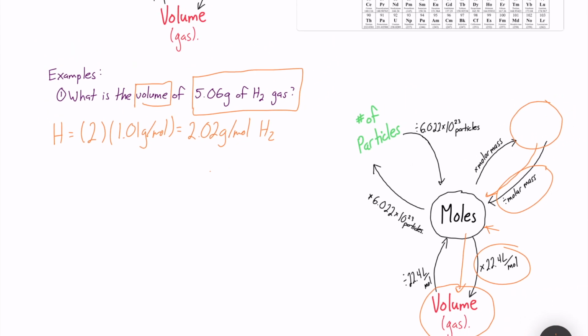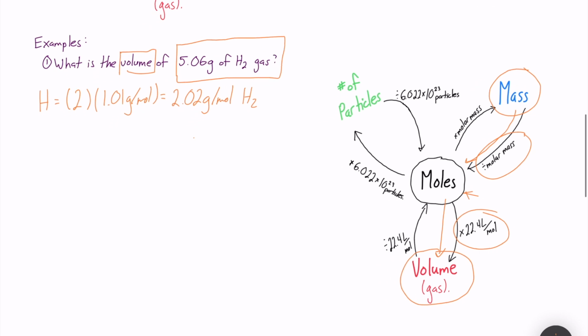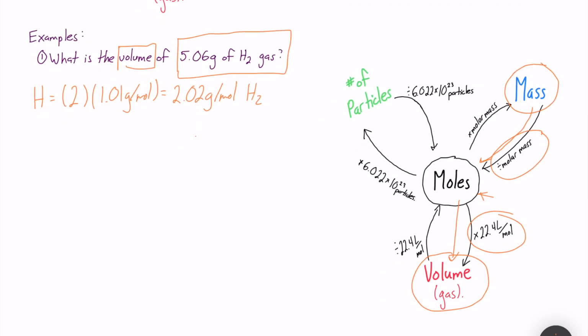I'm just going to zoom out a little bit so we can take a look at that mole map. So we're going to take our given mass, which is 5.06 grams of H2, and a times sign line here. Since we're dividing by our molar mass to get to moles, we are going to put that on the bottom. So 2.02 grams of H2, and on the top, it's 1 mole of H2.